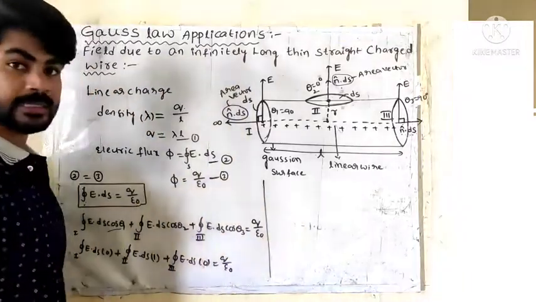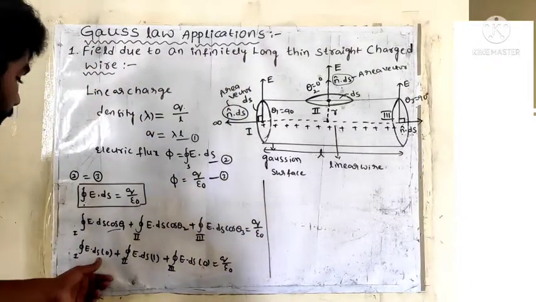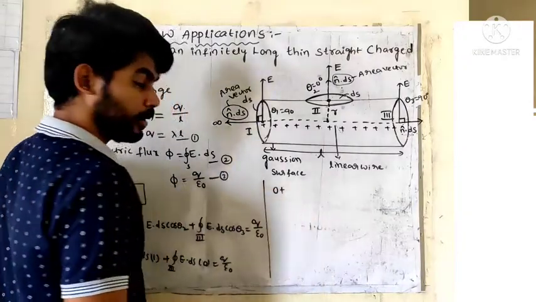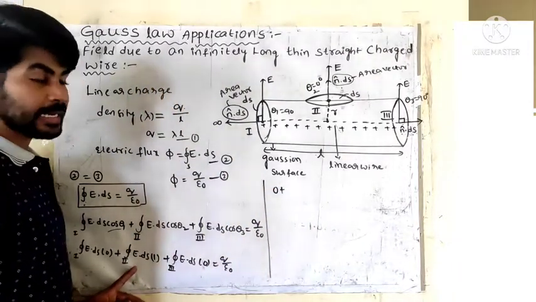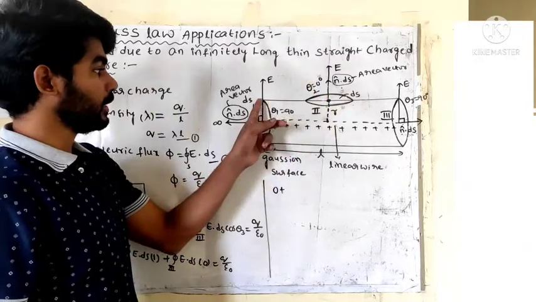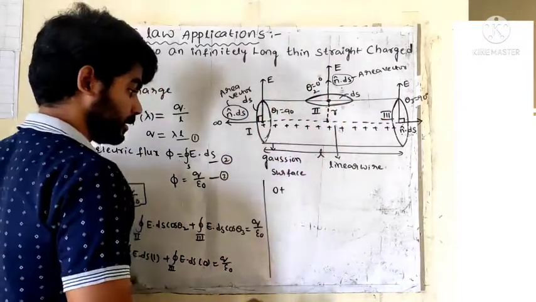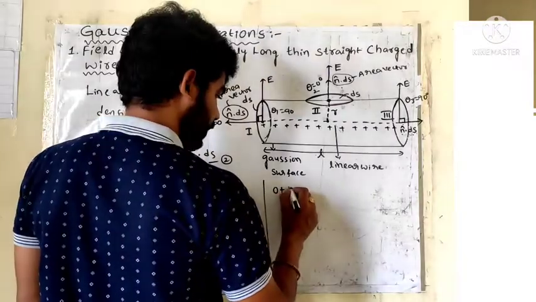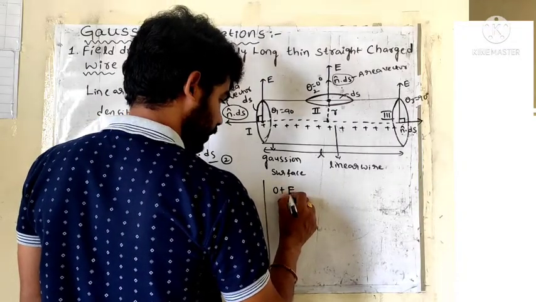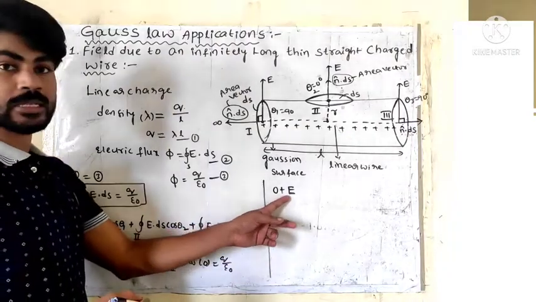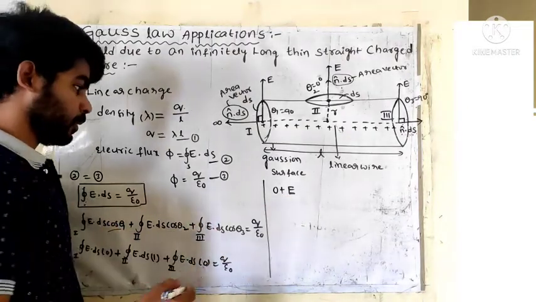So finally I am writing the final equation: E dot ds into 0, total value 0 here, plus the electric field over the total length L. In this length L the electric field is constant, so it is a uniform electric field, that's why I am writing it outside. A constant term, we cannot apply integration to it.